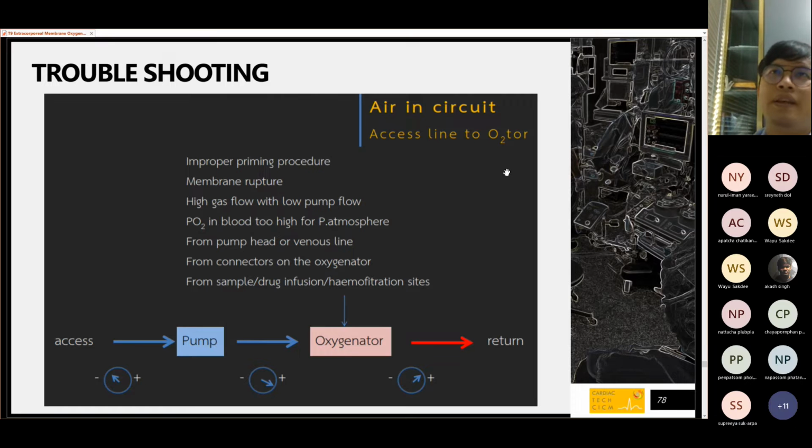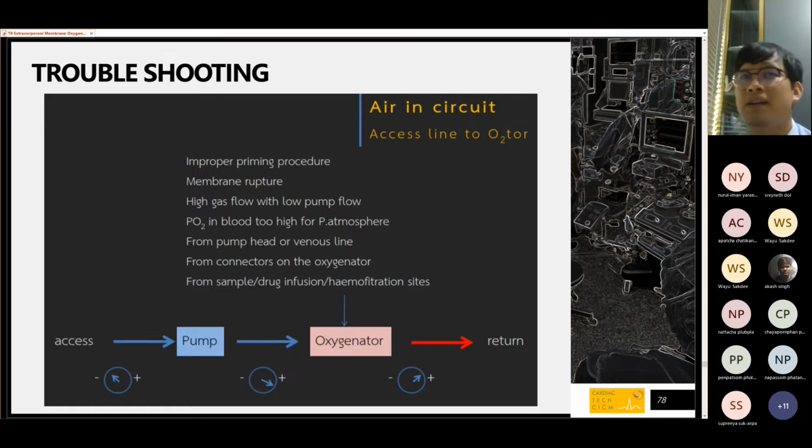For inside the oxygenator, it might be from this: we had not primed and de-aired enough. It may be from cracking of the oxygenator membrane. It may be from too much sweep gas flow and so on.